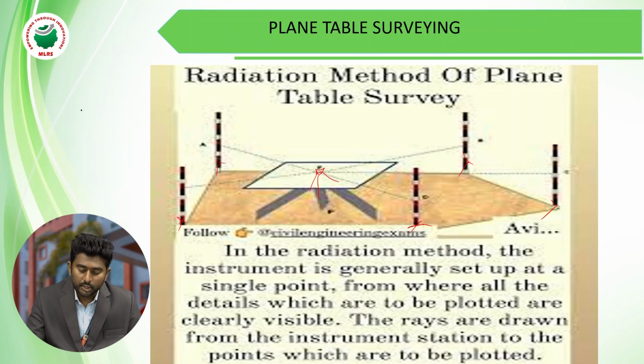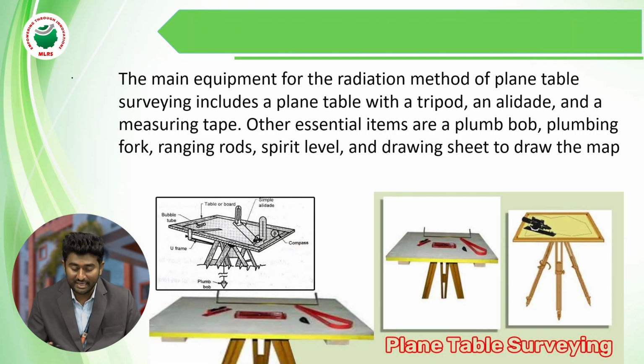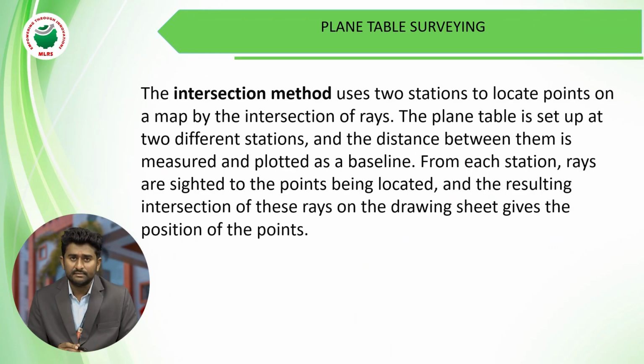So you can find out the area of the boundary on the plane table. Next, the main equipment in the radiation method: plane table, rough compass, plumb bob, spirit bubble, tripod stand, drawing sheet, etc.